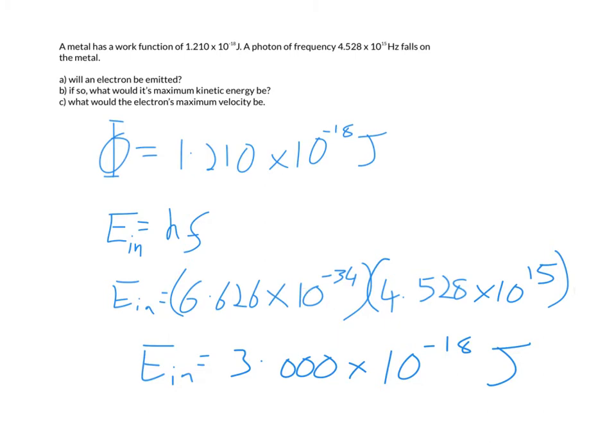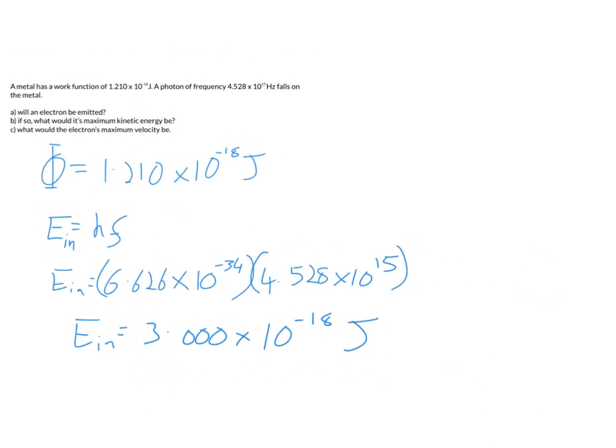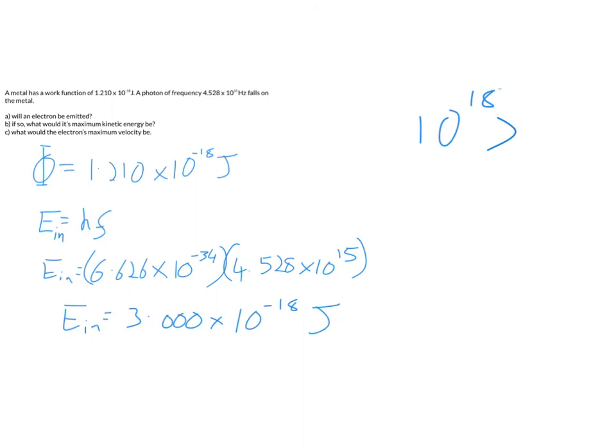Sometimes you might be faced with a situation where they have different powers. So for example, 10 to the power of 18 will be greater than 10 to the power of 16, regardless of what the number in front is, as long as it's standard scientific notation, with a number that's between 1 and 10.